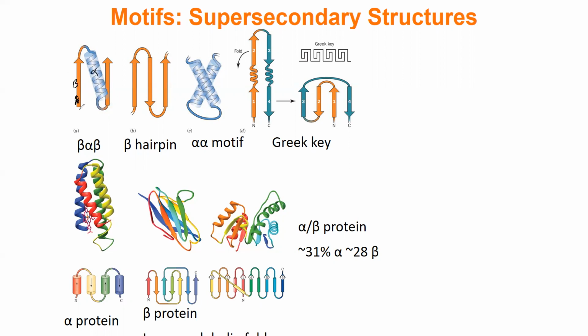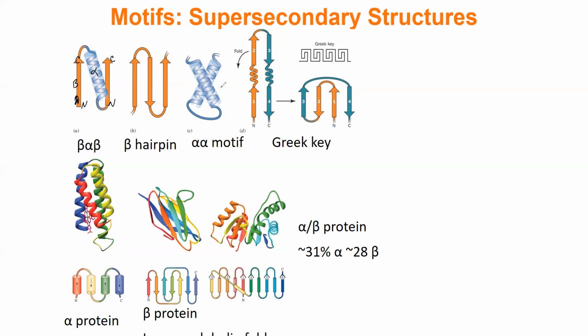Again, the arrows tell you direction. So N terminus, C terminus, N terminus, C terminus. You have something called a beta hairpin, which is just beta sheets that will wrap around each other very tightly. Alpha alpha motif, two alpha helixes that are interacting together.